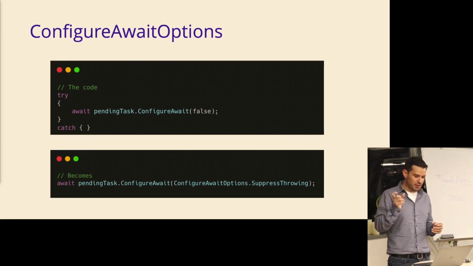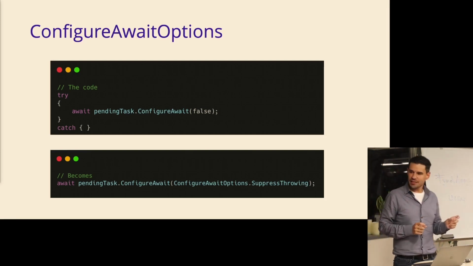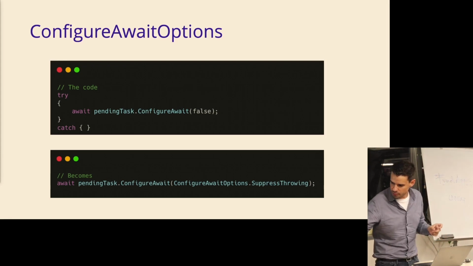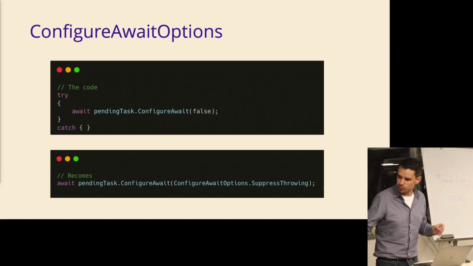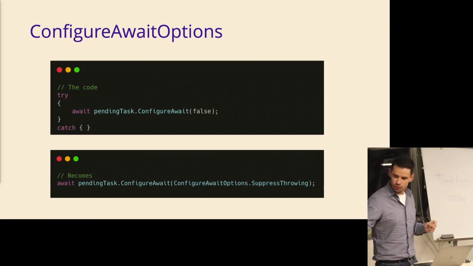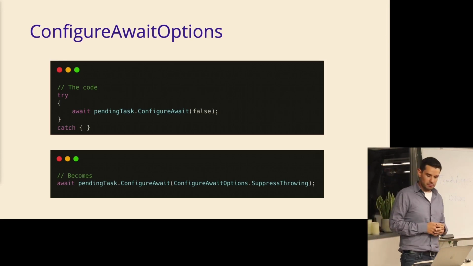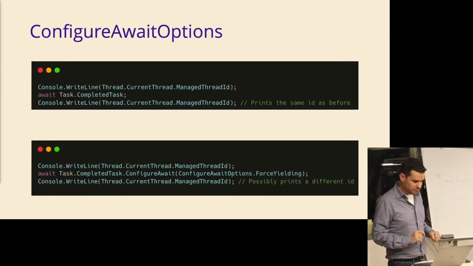Now, by having this SuppressThrowing flag, you can emulate the exact same behavior by just configuring your awaitable to never throw. We did replace a bunch of places inside our own libraries to just use that. So, nice.